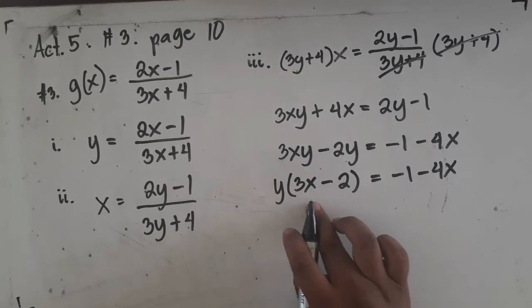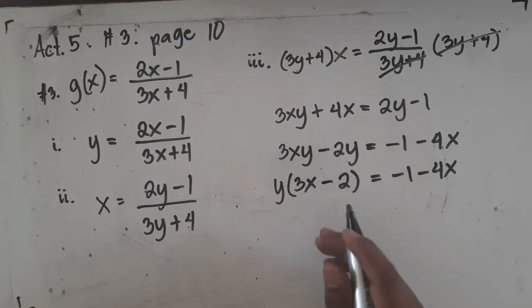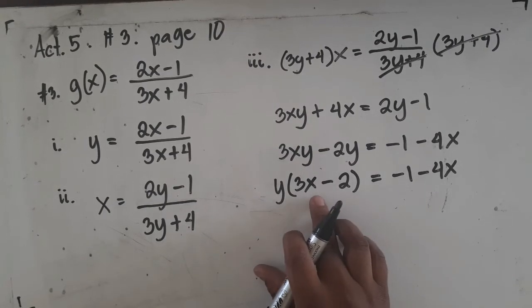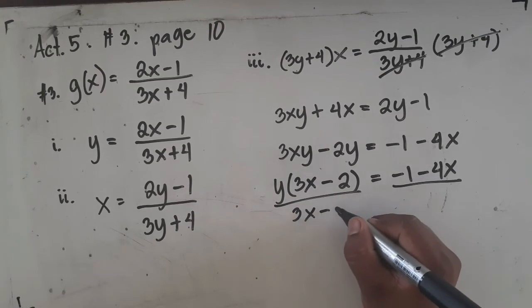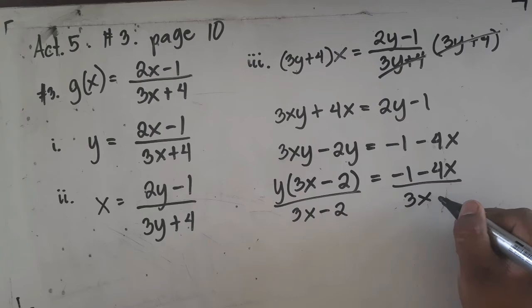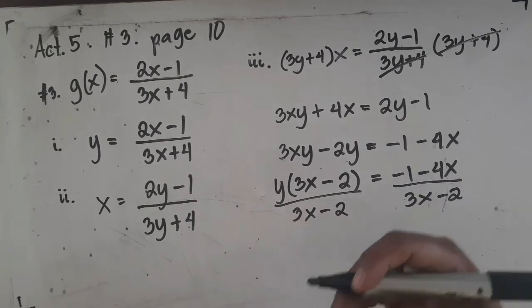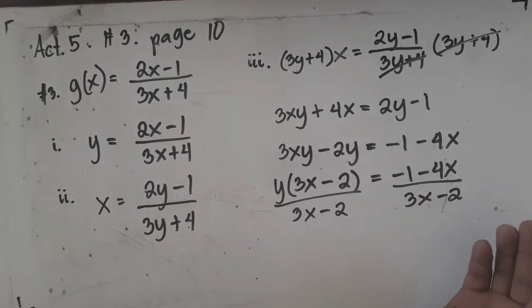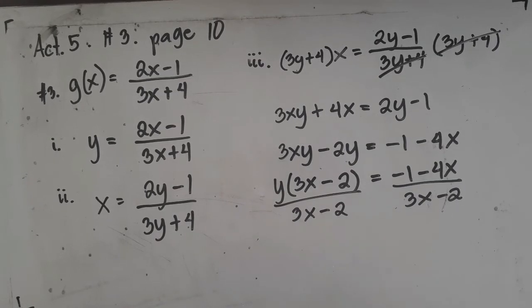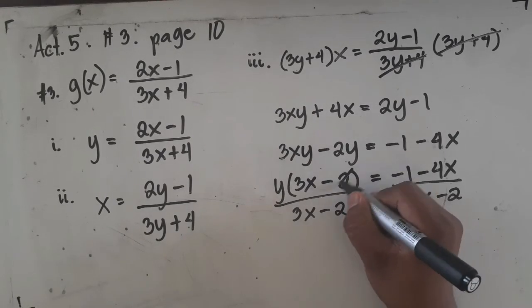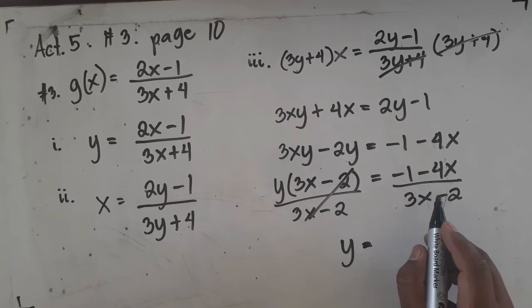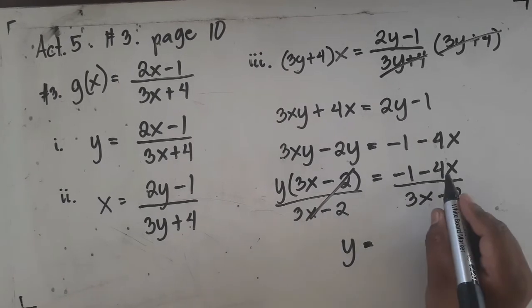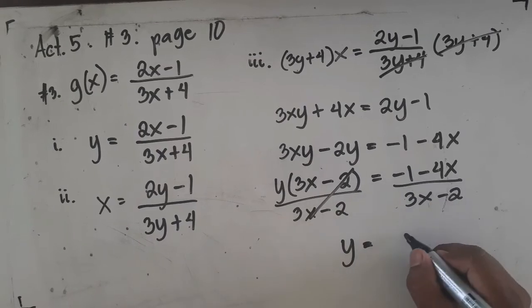So para mawala na siya, multiply both sides by the multiplicative identity, which is 1 over 3x minus 2. Or katong gabuhat kaganiha, divide both sides, pero actually, the correct term is multiplying its multiplicative identity. So this is clearly equal to 1. So ang mabilin na lang dari is y. It's up to you, kung gusto niyo unahon si negative 4x or negative 1, that is the same.